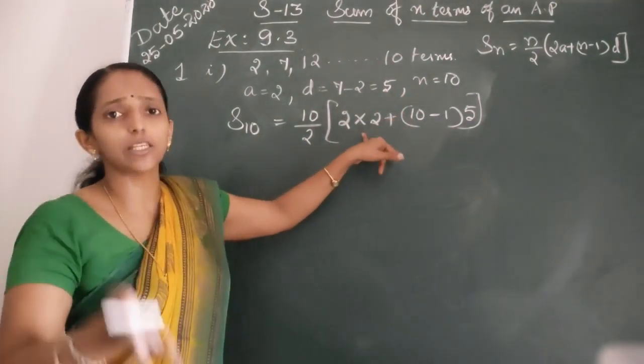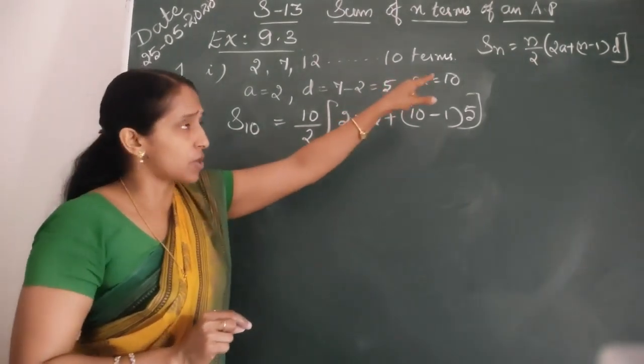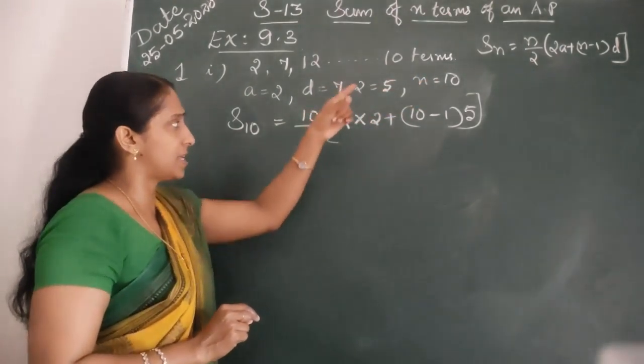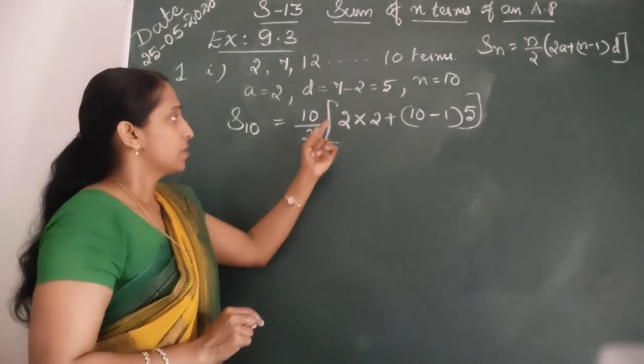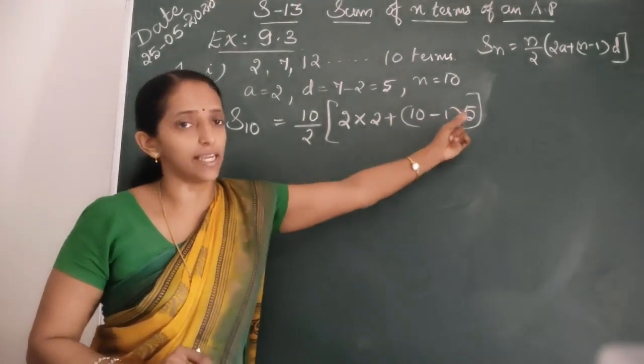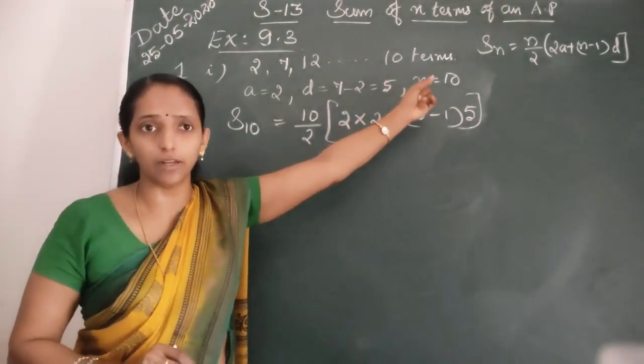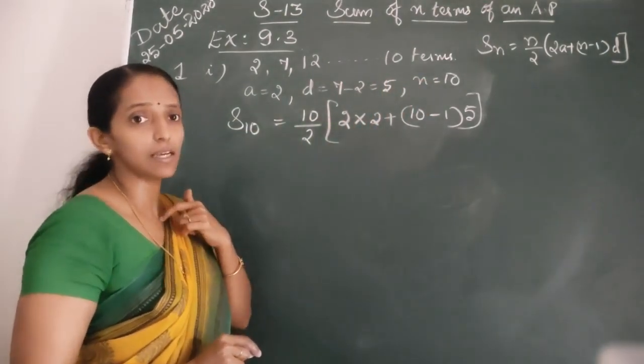The first mark is for substituting the values in the formula. So that is our formula, and we are substituting the values. As we already have the a, d and n values, we will substitute them in the formula.